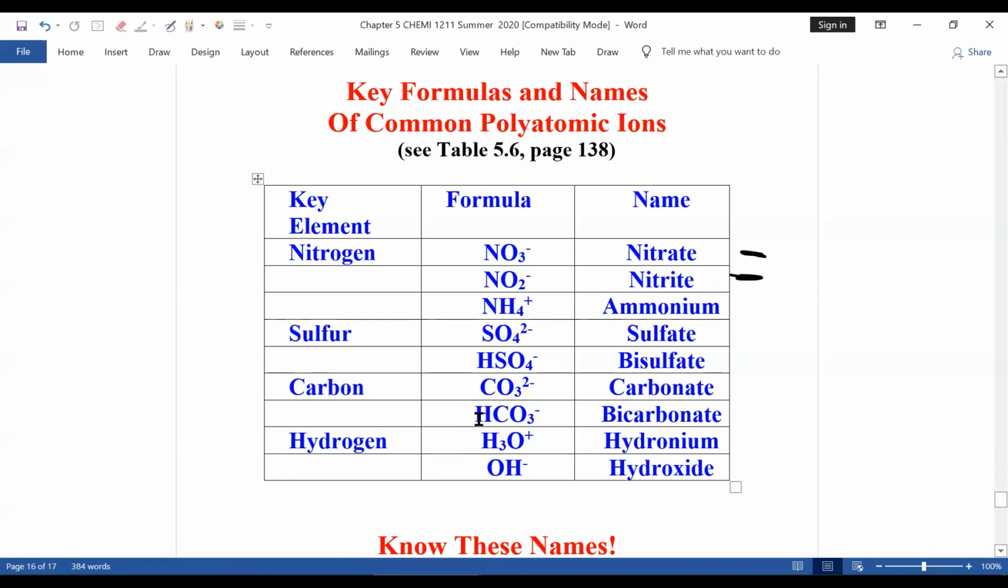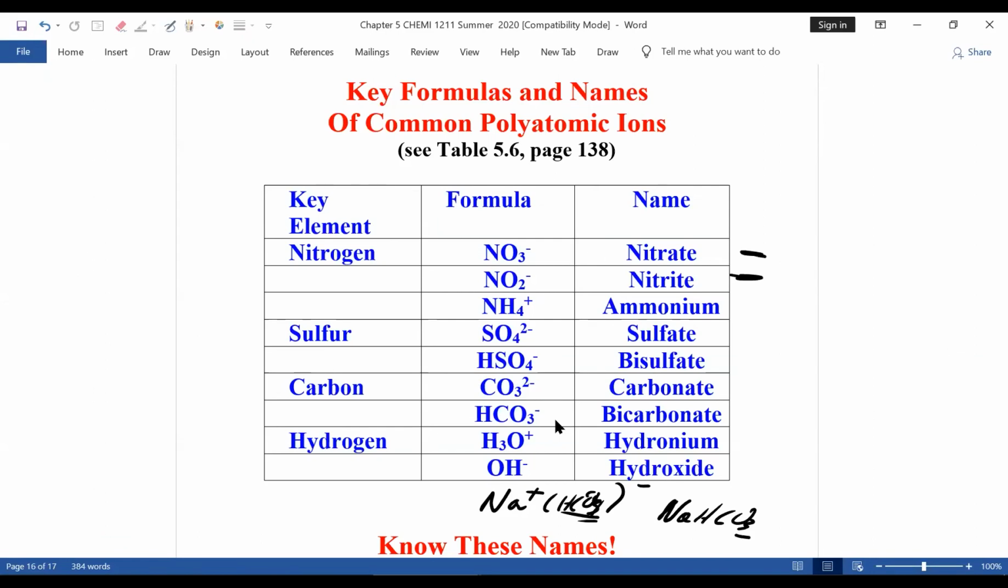Now, another one is bicarbonate, HCO3 minus. We'll talk about this one. And if we look at a molecule with bicarbonate, that's a 3.